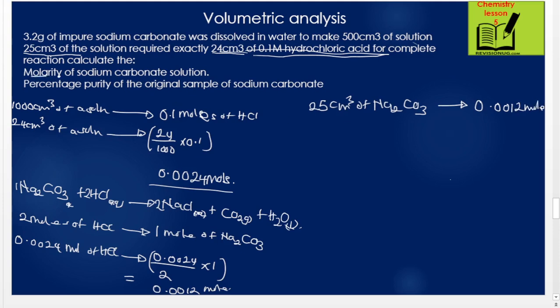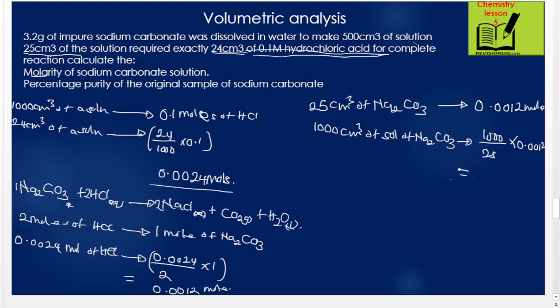Then what are they asking? They want the molarity, the number of moles in 1,000 cubic centimeters of a solution of sodium carbonate. Then this is going to be 1,000 over 25, times 0.0012.